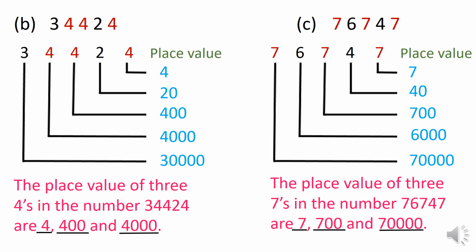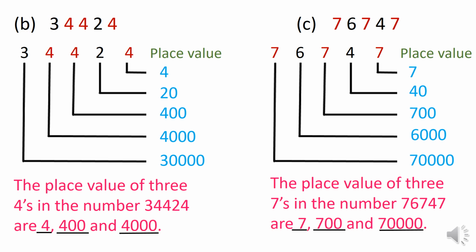So the place value of 7 is 7. The place value of 4 is 40. The place value of 7 is 700. The place value of 6 is 6,000. The place value of 7 is 70,000.